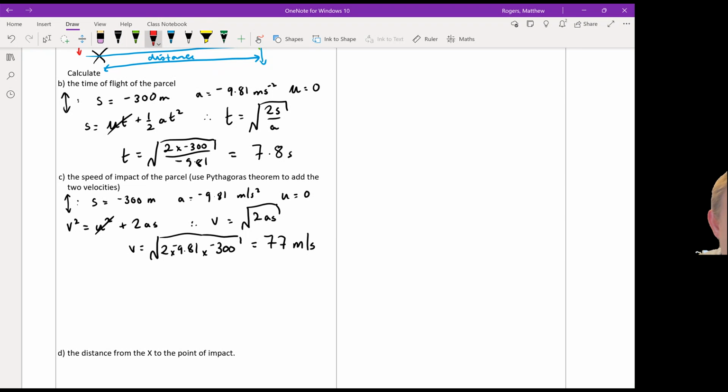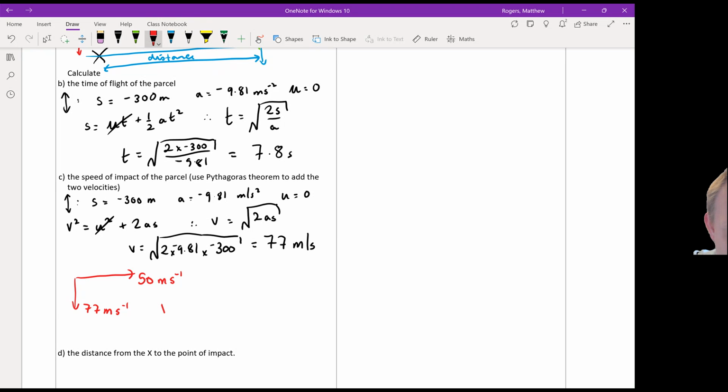So just to draw a short diagram, we've got a vertical speed of 77 meters per second and a horizontal speed that I've drawn that looks bigger, but it's smaller. It's still 50 meters per second. So to find the resultant of the 2, we're going to add them up using Pythagoras. So we want the total velocity.